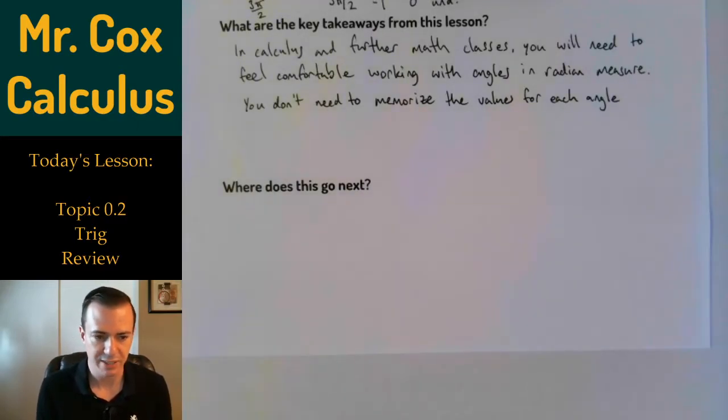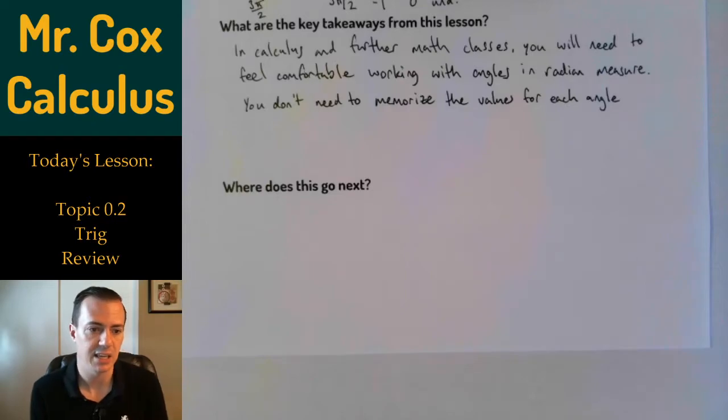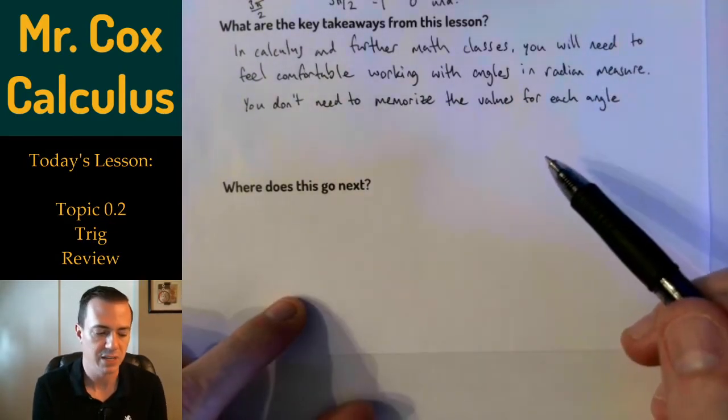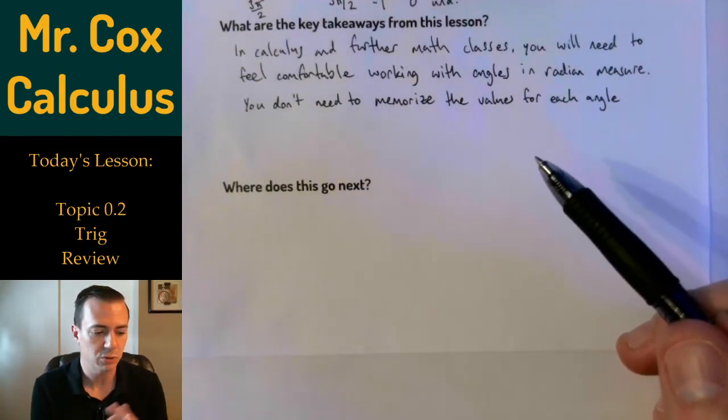Well, I know cosine's positive in quadrant 4, and I know that the cosine of pi over 6 is equal to the square root of 3 over 2, then I can come up with the value of cosine of 11 pi over 6 as also being equal to the square root of 3 over 2. That's kind of the visual thought process that goes through a lot of people's heads when we talk about these values.